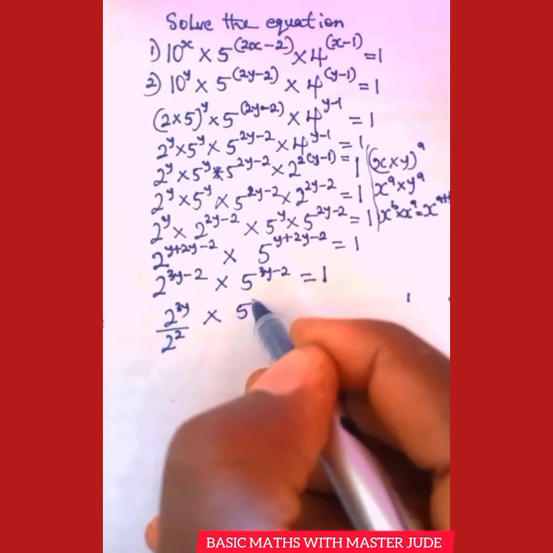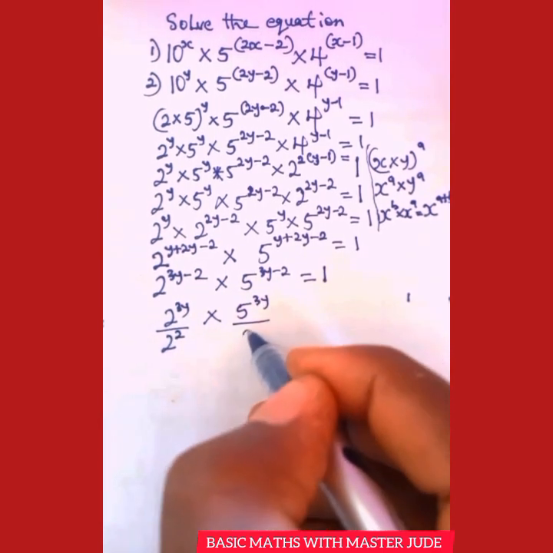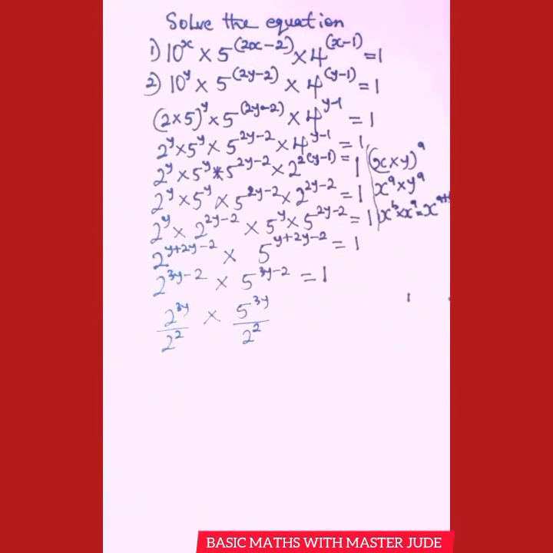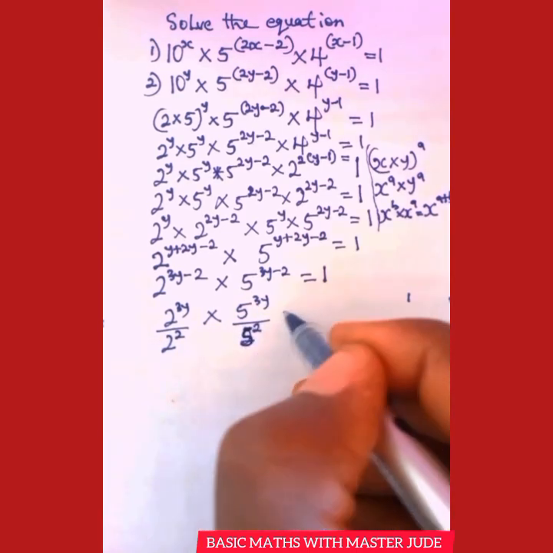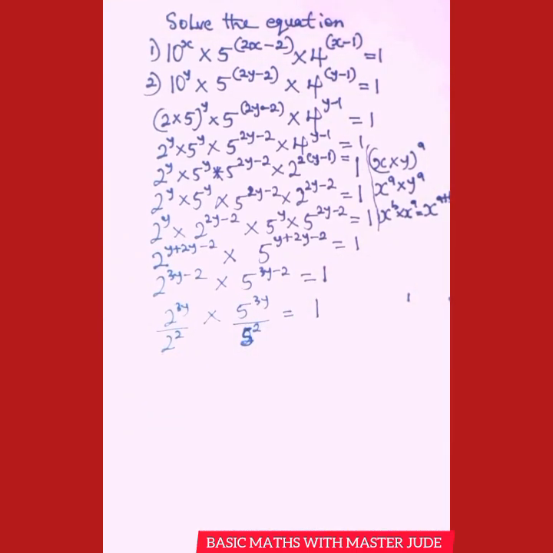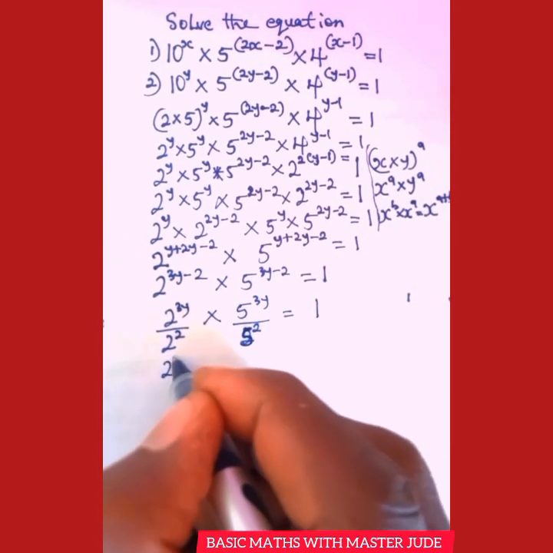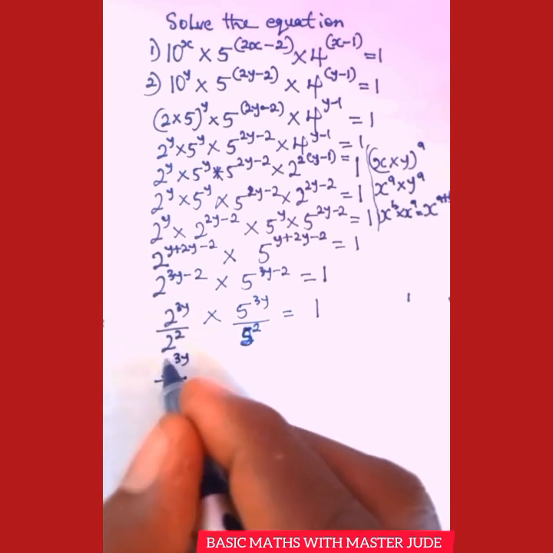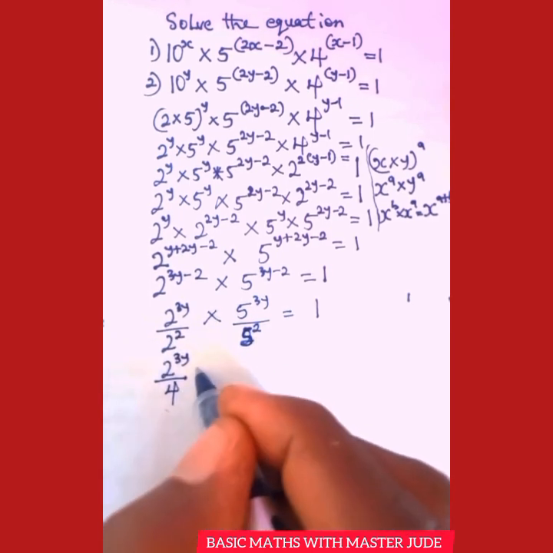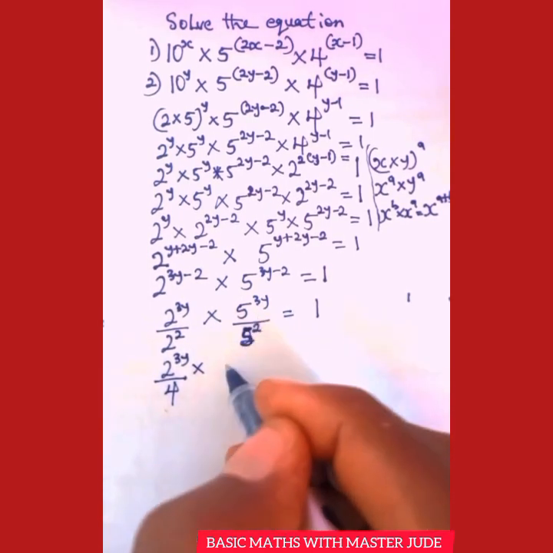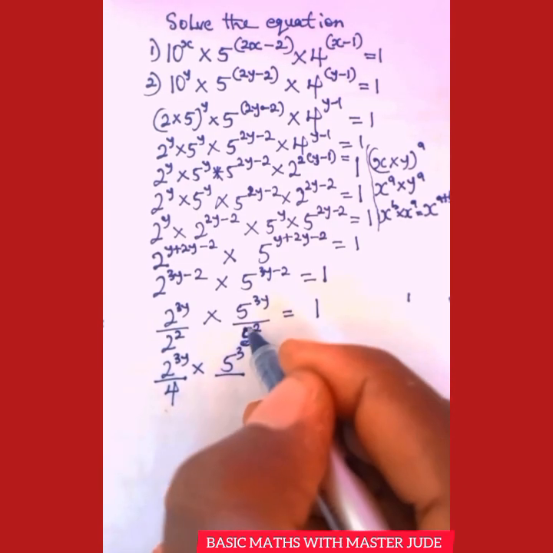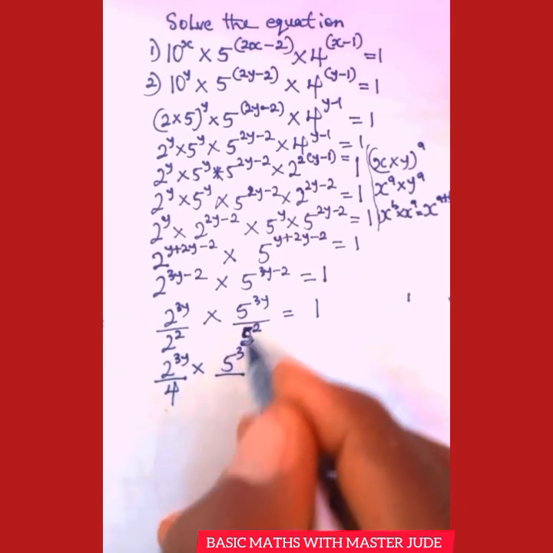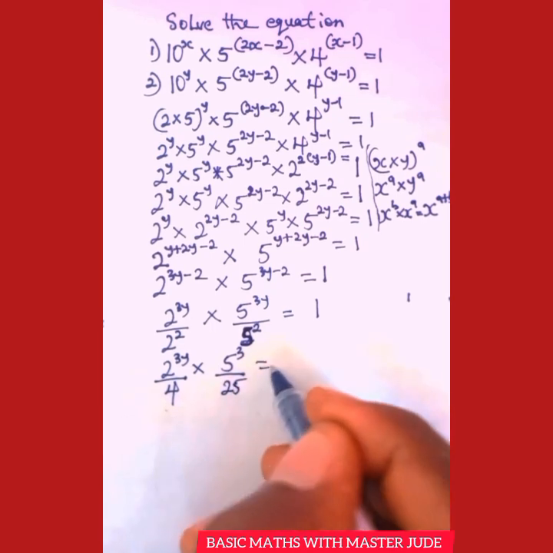Likewise, this is 5^(3y) all over 5^2, because you see the same base, is equal to 1. Now, I know that 2^(3y) all over 2 power 2 means 4, multiply 5^(3y) all over 5 power 2, which means 5 times 5. 5 times 5 will give me 25, is equal to 1.